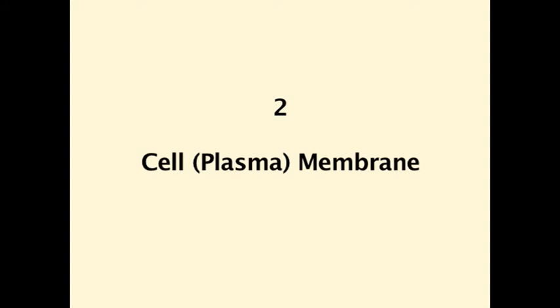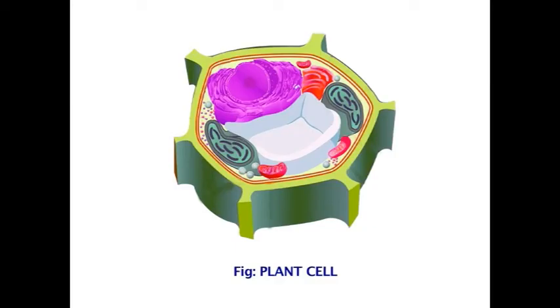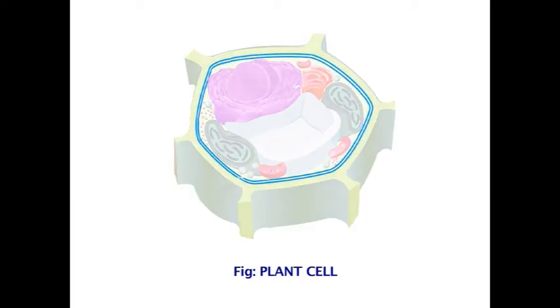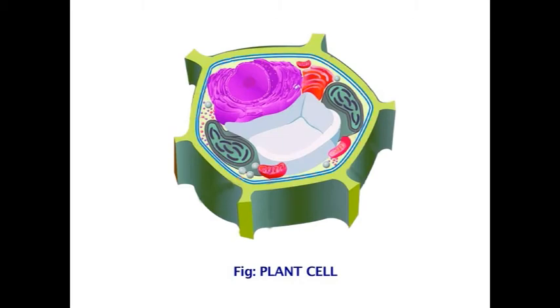The second one is the cell or plasma membrane. The plasma membrane of plant cells is a thin semi-permeable membrane that surrounds the cytoplasm of a cell enclosing its contents.